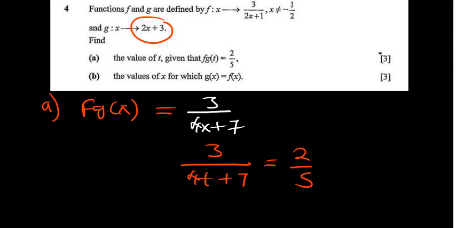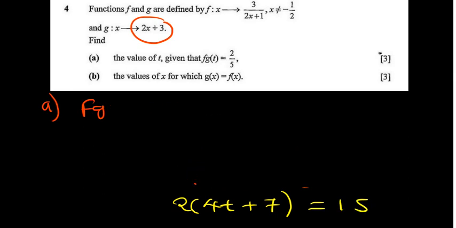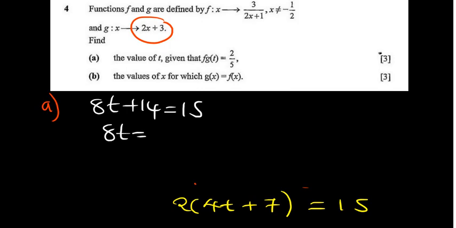You're going to have 5 times 3, 15, and then 2 times 4t plus 7 equal to 15. So at this point we have 8t plus 14 is equal to 15, and then our 8t is equal to 15 minus 14, which is a 1, and then your t becomes 1 over 8.